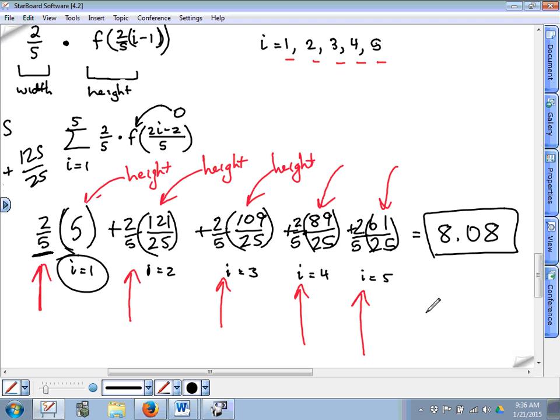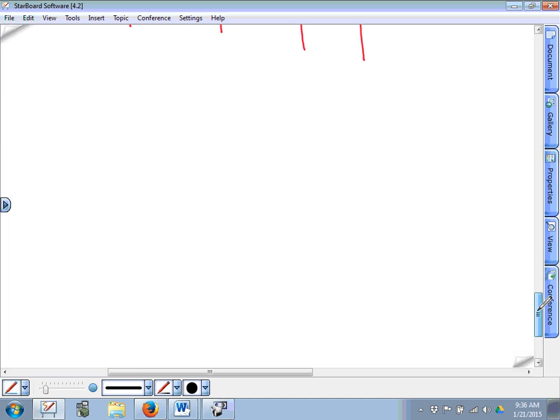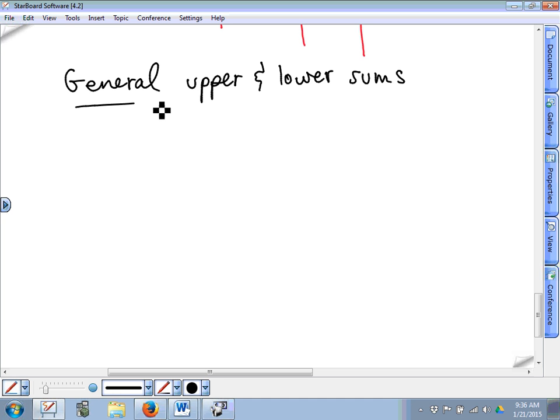Now, just by hand, more rectangles would give you a better approximation, but the flip side to that is by hand, it would be kind of crappy. But anyway, let's go more general. General upper and lower sums.